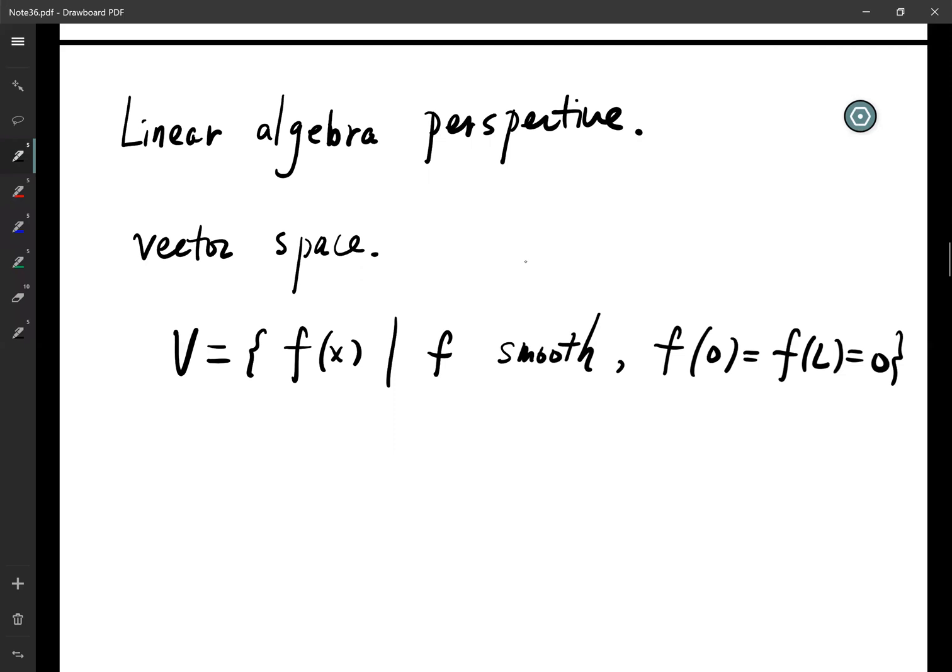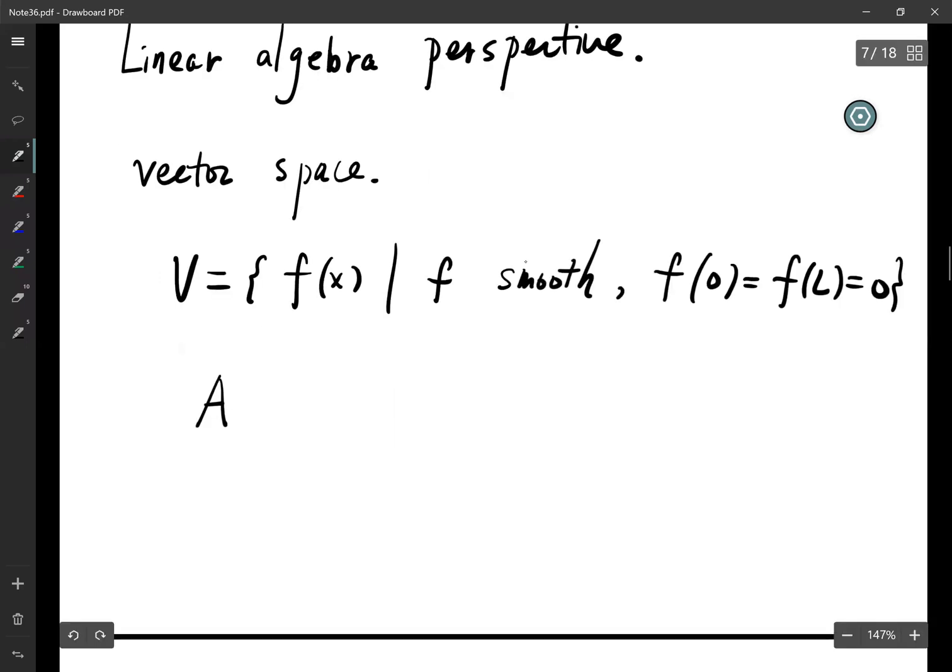And now I would like to consider an operator. I call it A, or you can call it T. So A is an operator from V to V. Let me call it T to be consistent with what I had before.